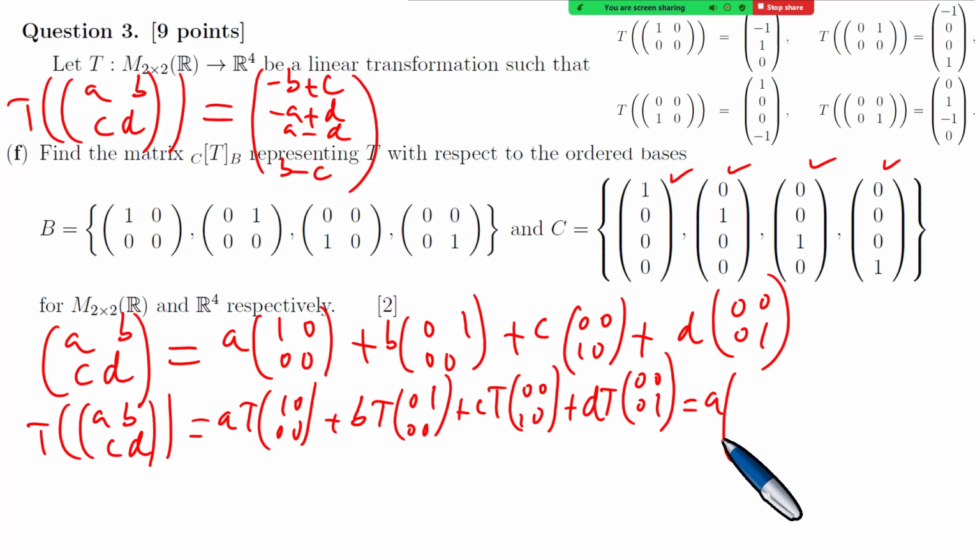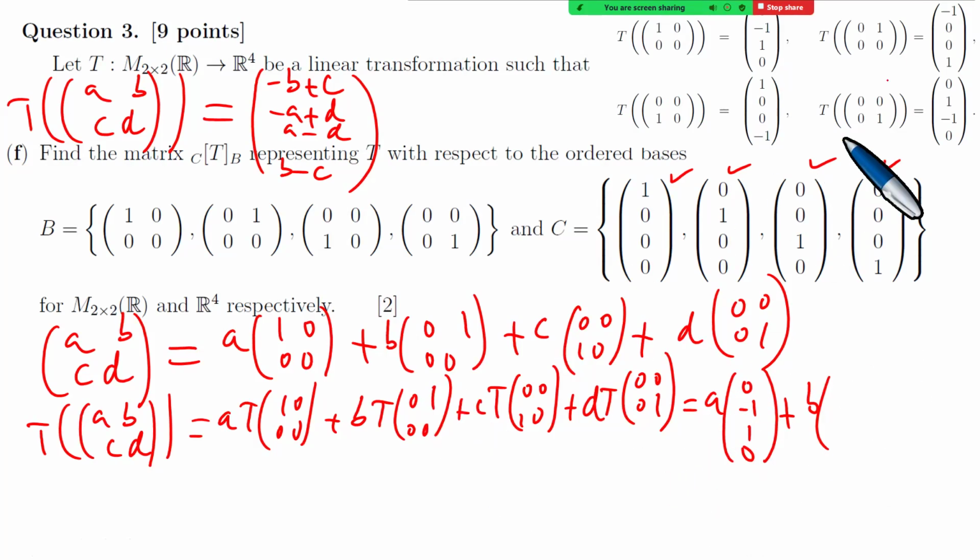What is the image of 1, 0, 0, 0? It's 0, minus 1, 1, 0. Which is just the same thing as what we're doing before, but we're doing it differently.